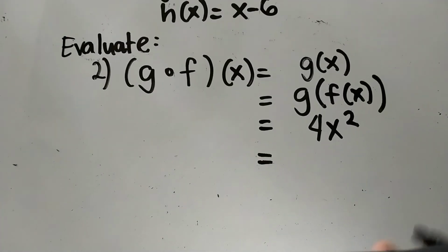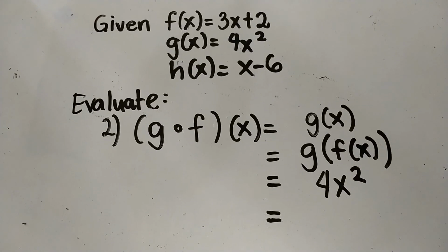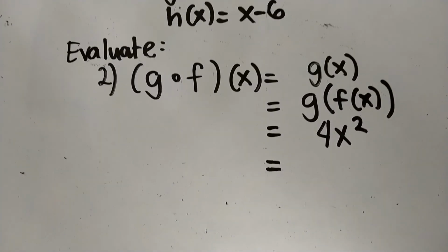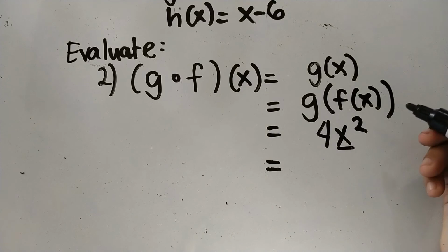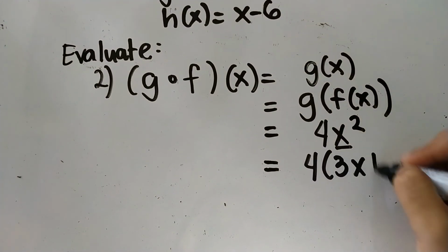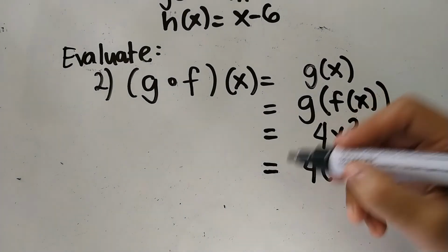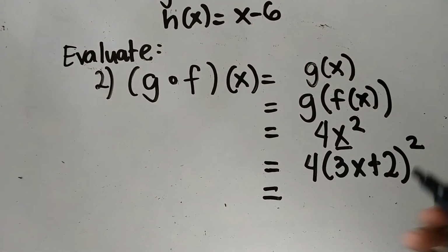Tingnan natin ulit. F of x is 3x plus 2. So, itong x na to, mapapalitan ng 3x plus 2. So, 4 times 3x plus 2 squared. Yan na. So, how do we solve this?